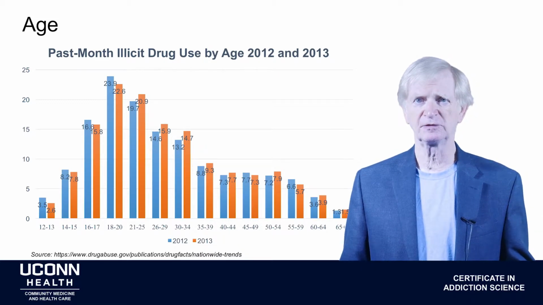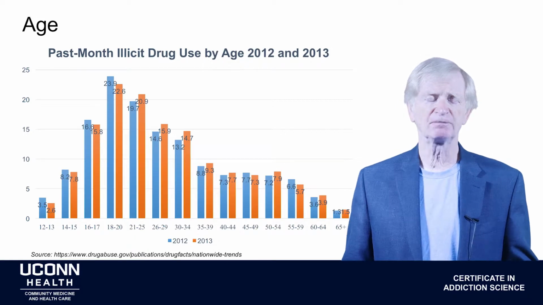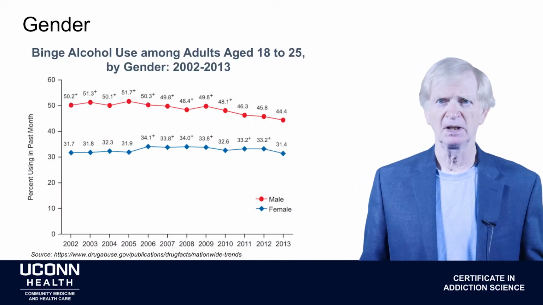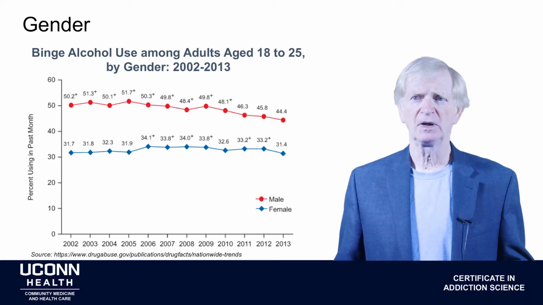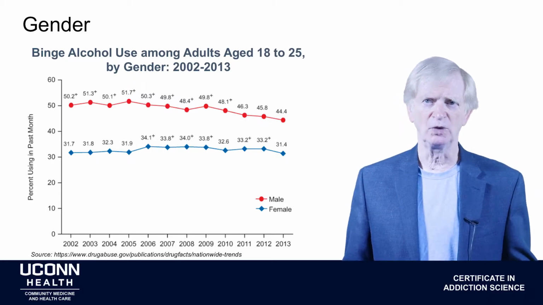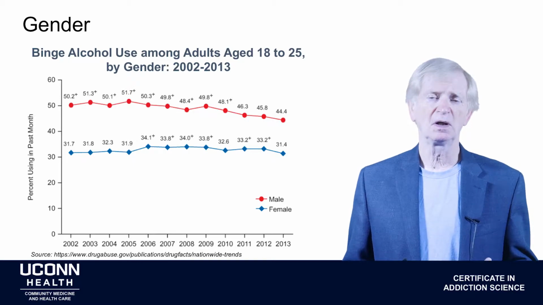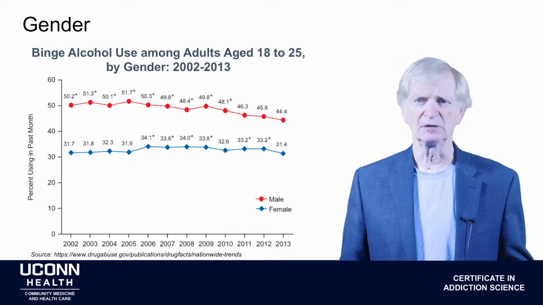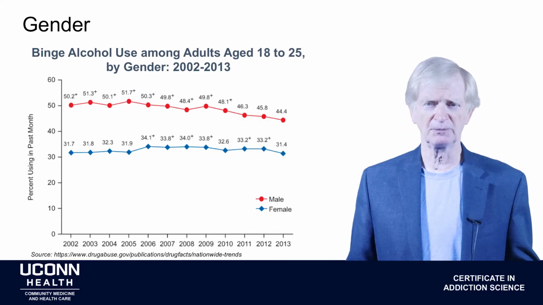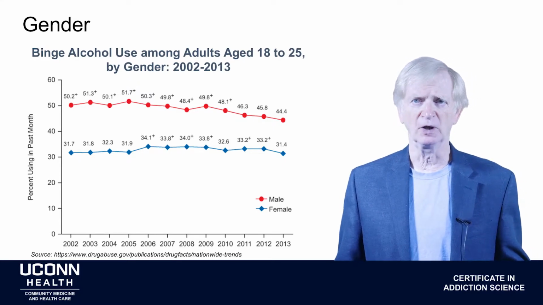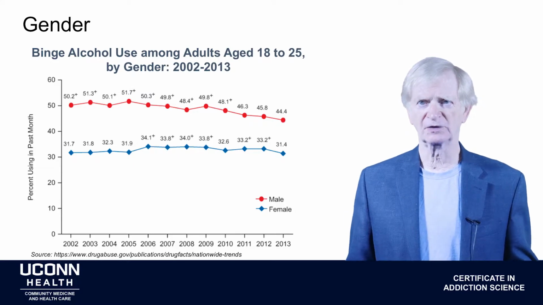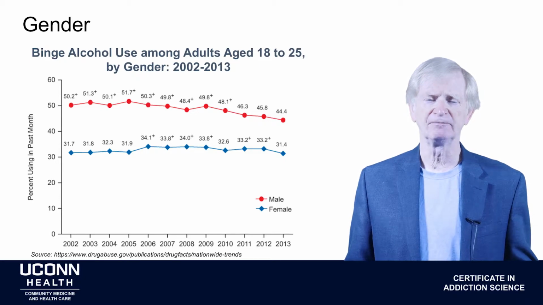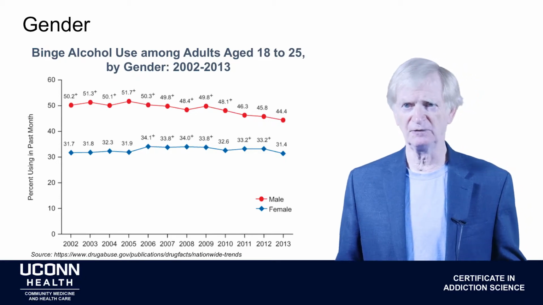Another thing you would want to measure is the extent of binge drinking in your sample. And here we have males and females, which show how prevalence rates for binge drinking differ tremendously by a person's sex, where males over the course of time have shown dramatically greater prevalence rates than females.